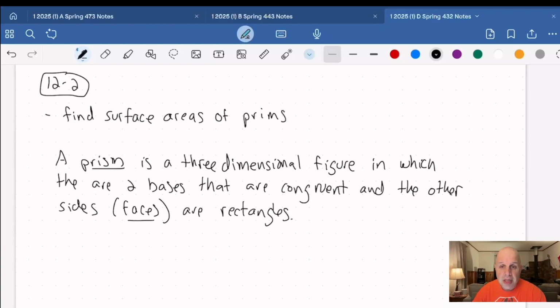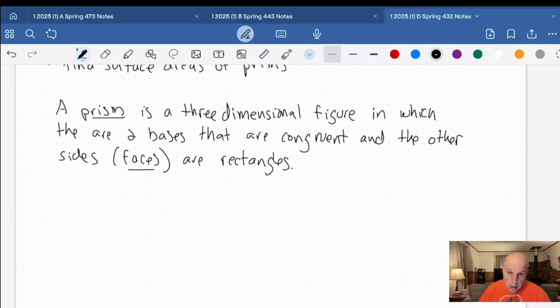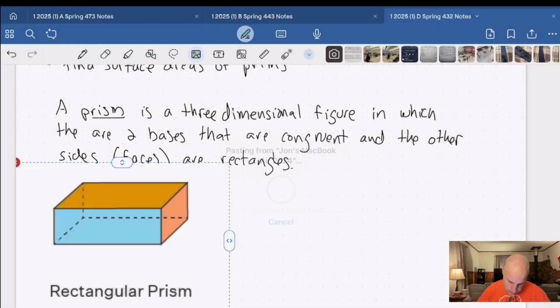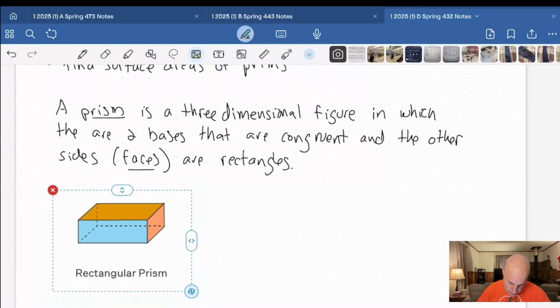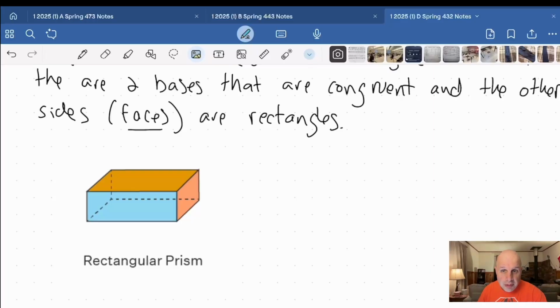or faces are rectangles. So let me include a picture here of what we call a rectangular prism. This is a rectangular prism. It's called a rectangular prism because the two bases are in the shape of rectangles.